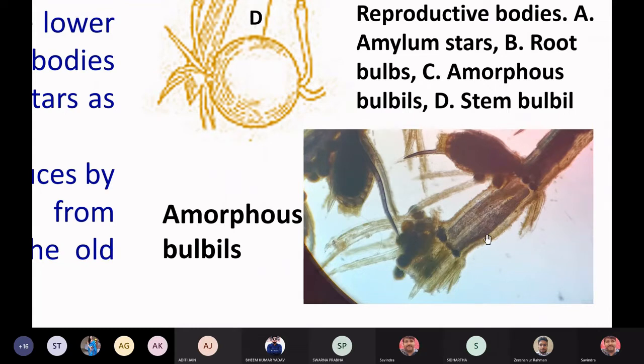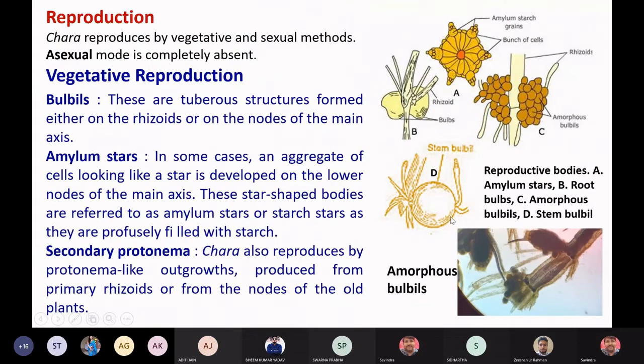Here you will see that this photograph is taken from the material which has been stained with iodine. So these are those bulbils. तो आपको यहाँ पे दिखा दिया हमने photographs जो rhizoids पे bulbils होते हैं, and here we can see the bulbils which are on the stem.